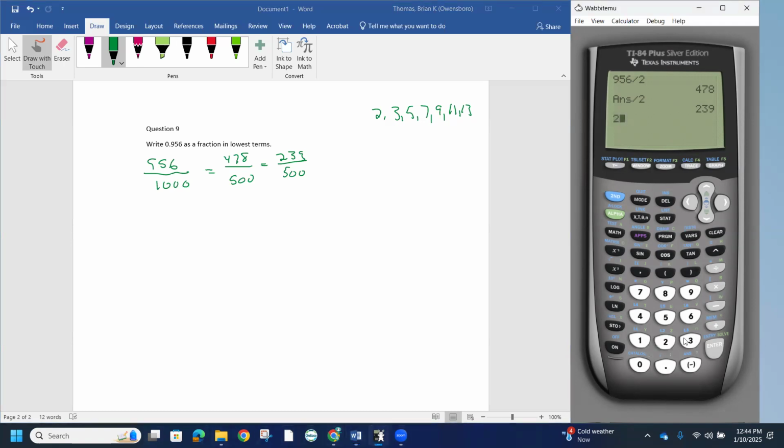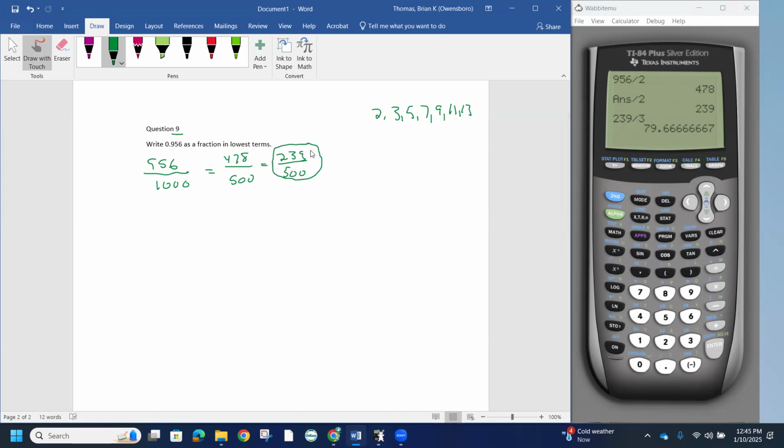If we do 239 divided by 3, it doesn't go. And also this 500, it may be easier to just look at the 500. What numbers can go into the 500? It looks like the 5 will, but the 5 will not go into the 239. The 7, 9, 11, 13, those are not going to go into 500 either. So I would say that 239 over 500 is lowest terms.